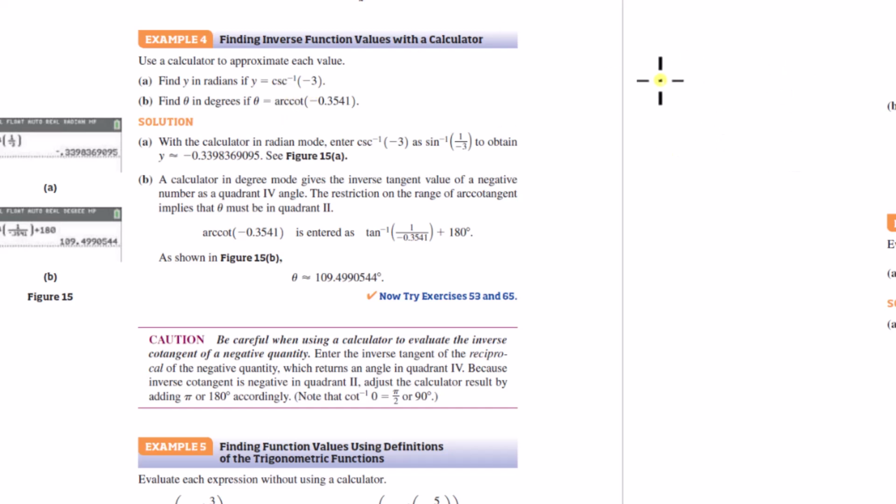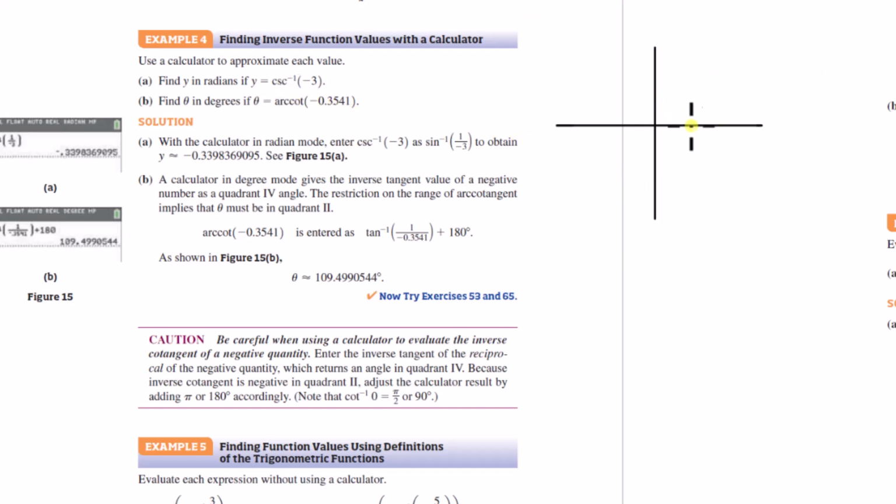There are infinite angles that would give you that value, but with inverse cosecant we're restricting it to minus pi over 2 to pi over 2. We know there is one unique angle in that range whose cosecant is minus 3.